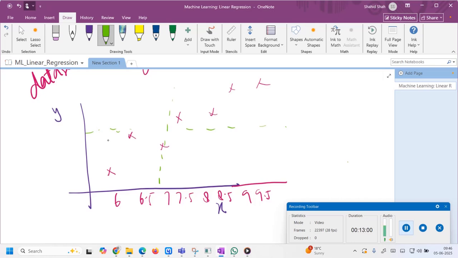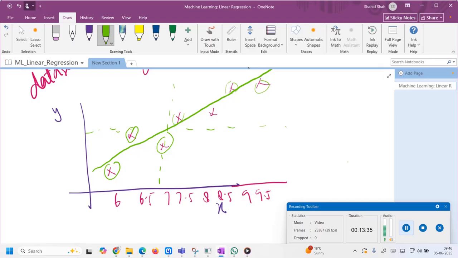We can draw a line like this, but we want to draw the line such that these points are as close to the line as possible. Empirically, if I draw a line like this, we can say that x and y are linearly related almost in this fashion, because most of the points are close to the line. In one way, this is also called fitting this line to the data set. That's what it was known as earlier.